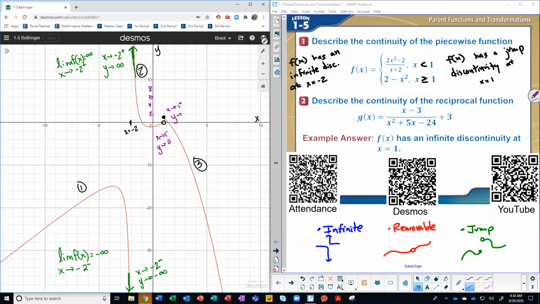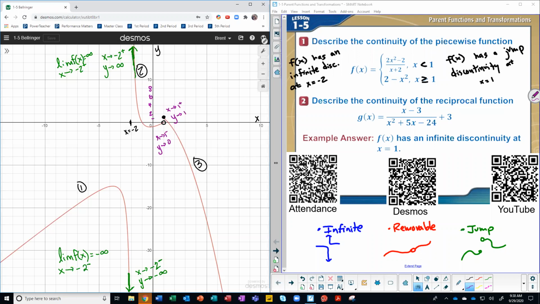So what is halfway up to 2? What is in between 0 and 2? What number? 1. So this is a jump because the y's jump from a 0 to a 1. So speaking of limits, it's an infinite break if you have infinities, whether positive or negative, it does not matter, it's irrelevant.